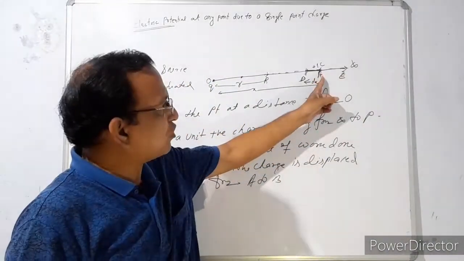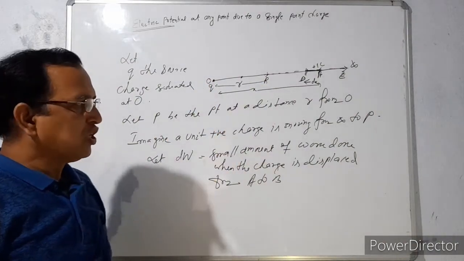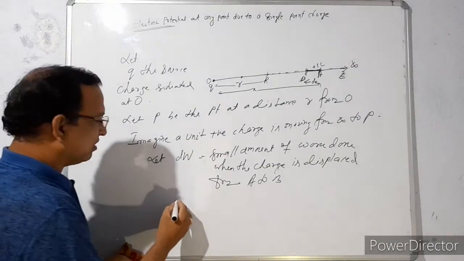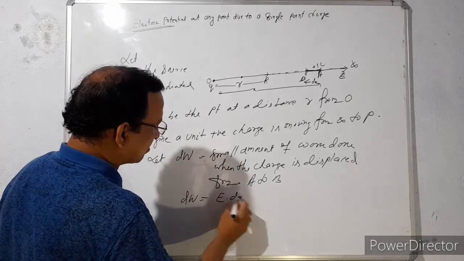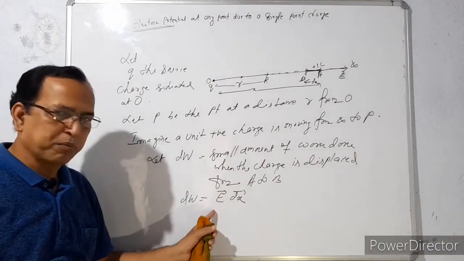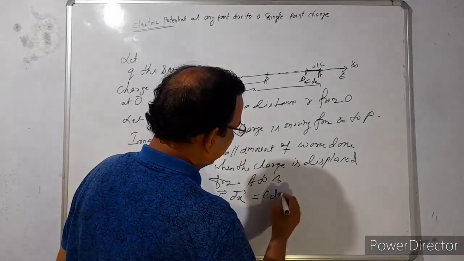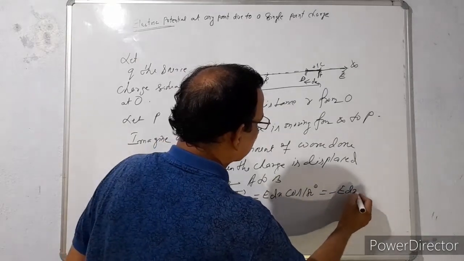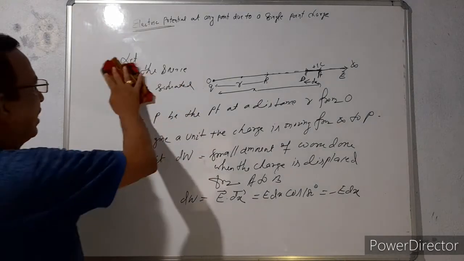But the test charge, the unit positive charge, is moved towards P like this, from A to B. So dw is equal to E dot dx. E and dx are opposite to each other, so that is E dx cos 180 degrees, that is minus E dx. Clear? This is the small amount of work done.